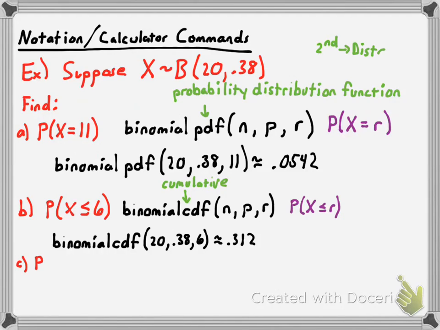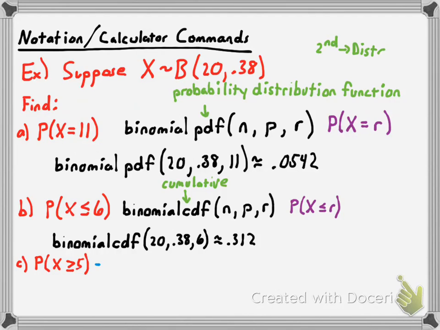Let's say that we wanted to find the probability that we get at least 5 successes. Okay, so I said we're going to use BinomialCDF again, but I need you to have the logic behind why and how we're going to do that.